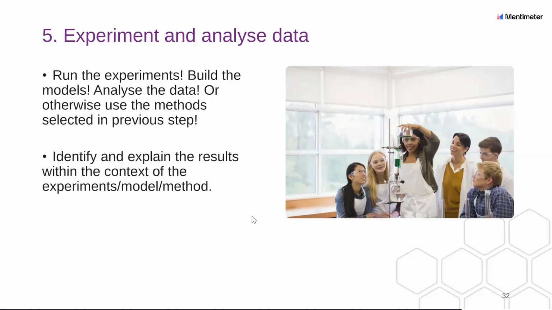You do the thing full scale in step 5. So you have to identify and explain the results within the context of the experiments or the model or the method. So what did you get? And does it make sense for what you did and what you're trying to do? So this is a little bit like step 4, but on the big scale, the big thing.